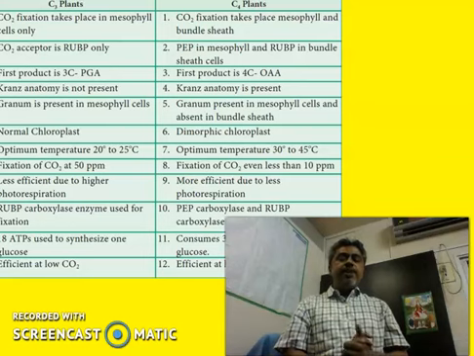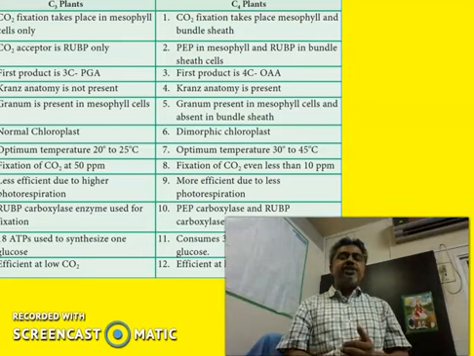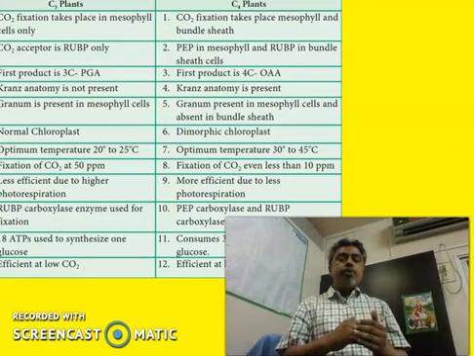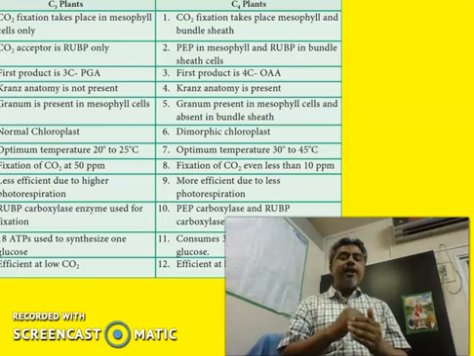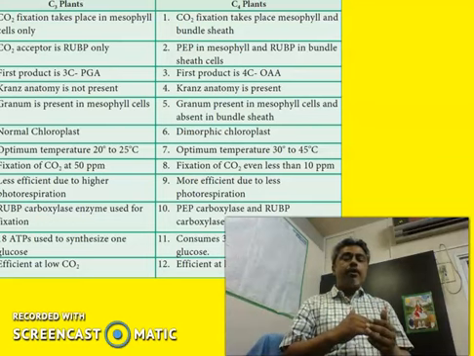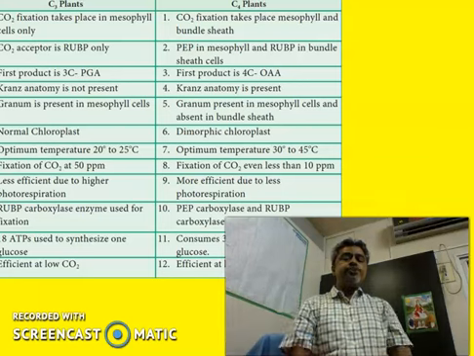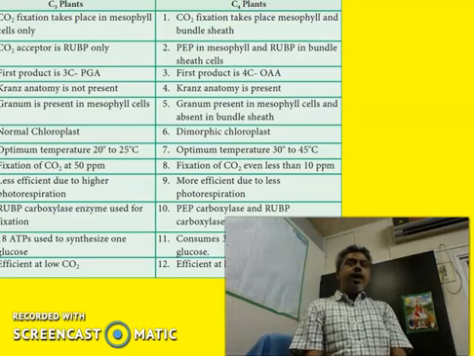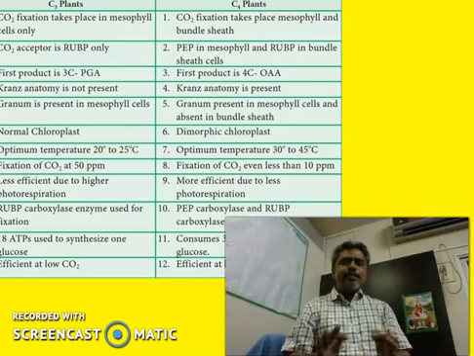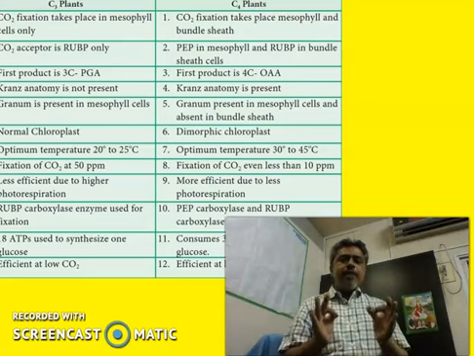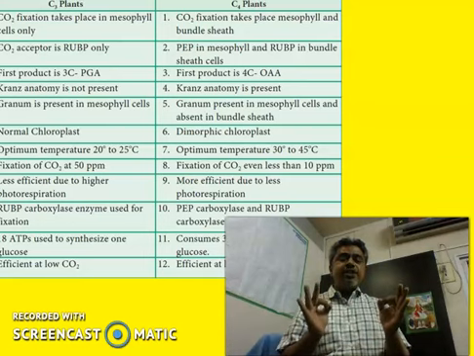Now what about the CO2 fixation capacity? Fixation of CO2 at 50 ppm was observed in C3 plants, whereas in C4 plants, fixation of CO2 is even less than this, at 10 ppm it can also fix CO2.